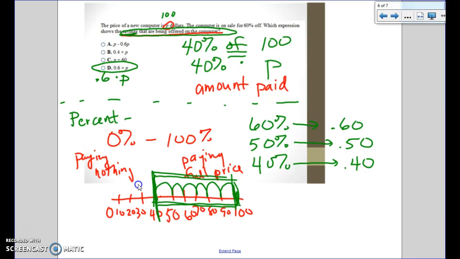And the decimal version of a percent, because it's out of 100, we just divide whatever the percent is by 100. So 60 divided by 100 equals 0.60. So that's where this number comes from, because a percent whole would be 100%. So we divide the percent by a whole, and that tells us what decimal to put in there.